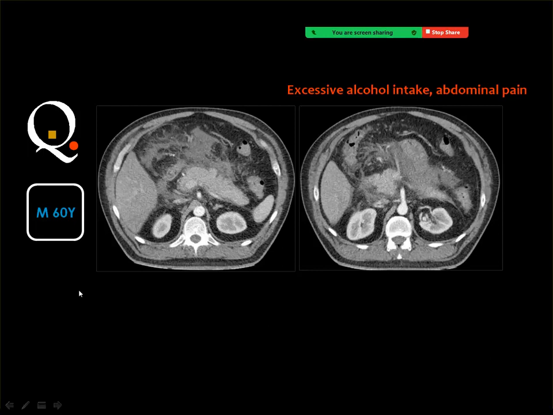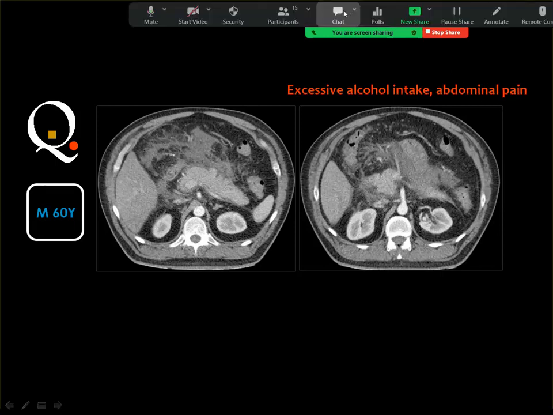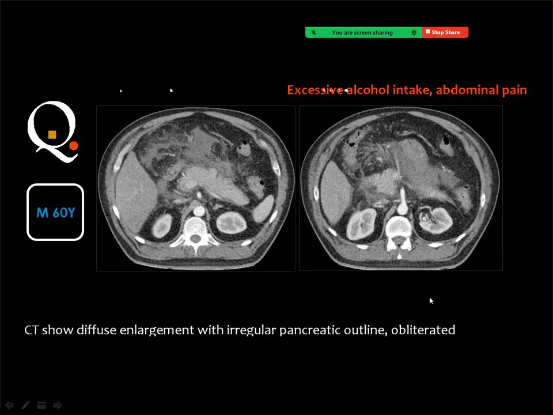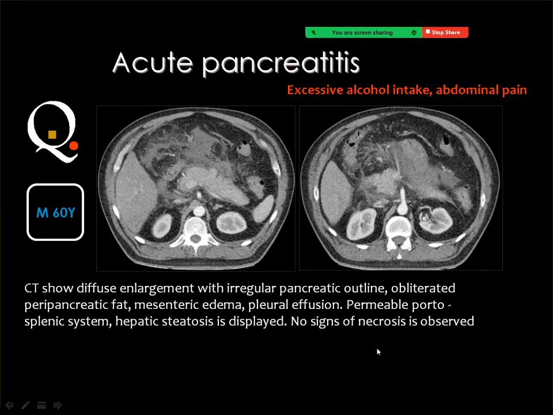Next case is a male 60 years old with excessive alcohol intake presented by acute abdominal pain. Acute pancreatitis. Yes, and this is a straightforward case of acute pancreatitis.